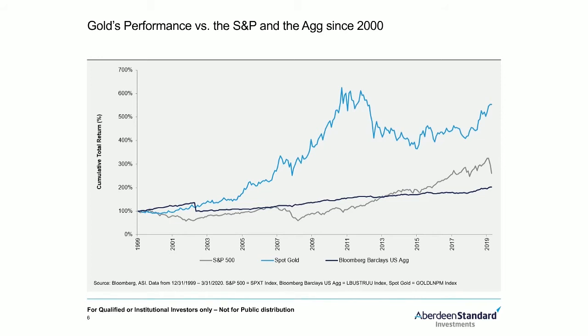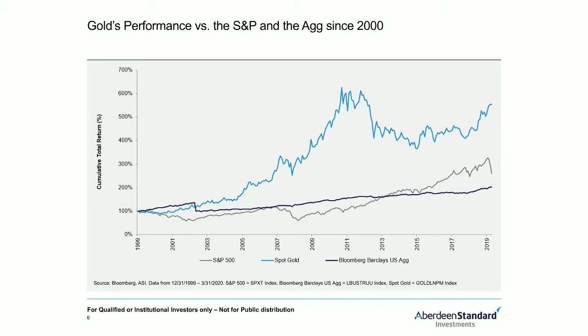One, because they don't understand the correlation aspect of gold, but two, because they just haven't taken a close enough look at how gold has performed versus other asset classes. So the mere fact that you're looking at that blue line, which represents gold, and the price of gold's rise since 1999, over the past 20 years, it's absolutely not true that gold has not had any kind of return. In fact, there is quite a bit of return there, as the price of gold in '99 was around $300 or just less than that.